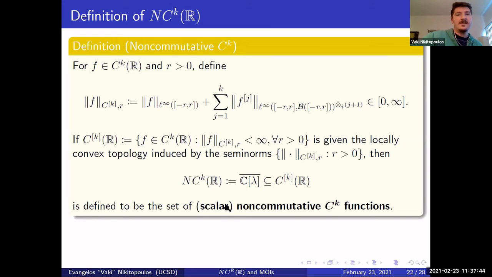And I'm going to define the non-commutative C^k functions, NC^k of R, to be the closure of polynomials in this locally convex space, C bracket k. Now, it turns out that NC^k is an algebra, and it's closed under complex conjugation, so it's a star algebra. And also, it turns out that it is complete, so it's a Frechet space, if you know that terminology.